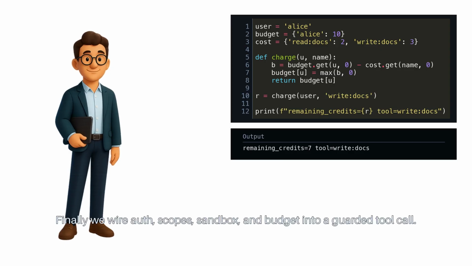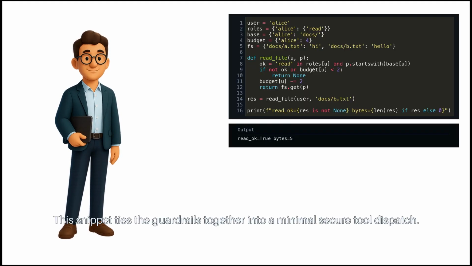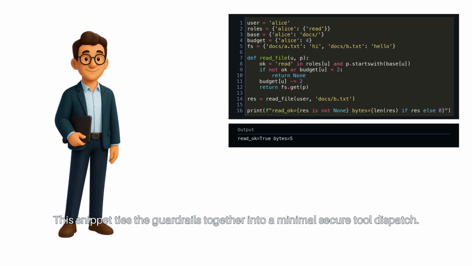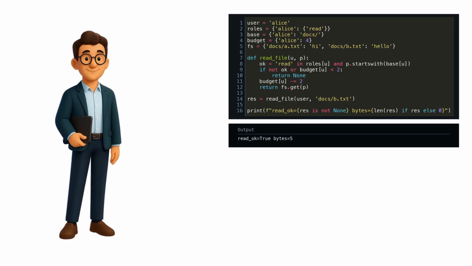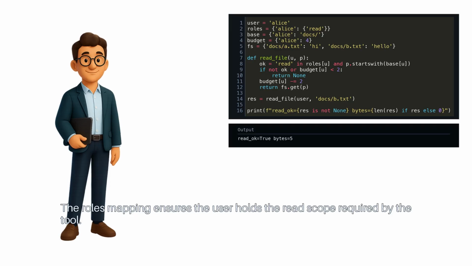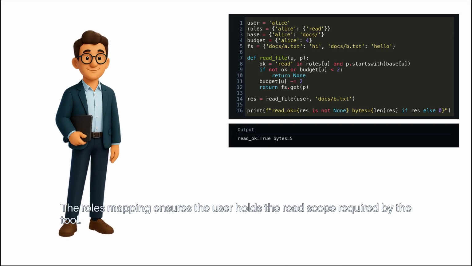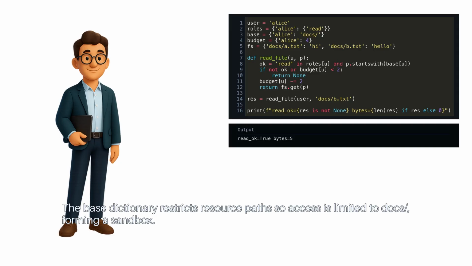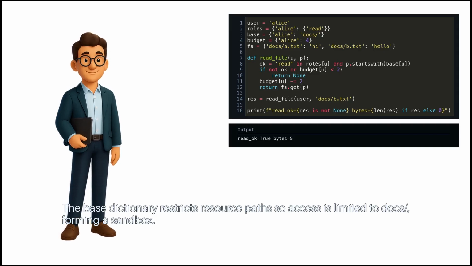Finally, we wire auth, scopes, sandbox, and budget into a guarded tool call. This snippet ties the guardrails together into a minimal, secure tool dispatch. The roles mapping ensures the user holds the read scope required by the tool. The base dictionary restricts resource paths, so access is limited to docs, forming a sandbox.